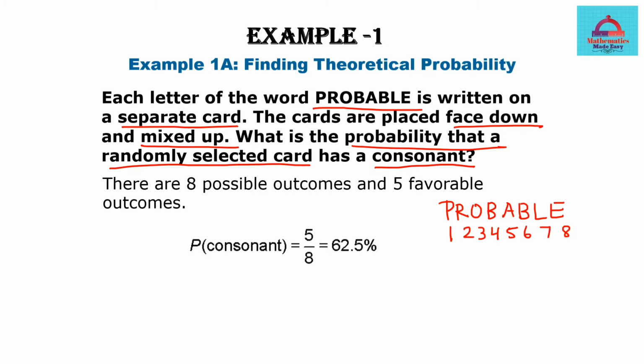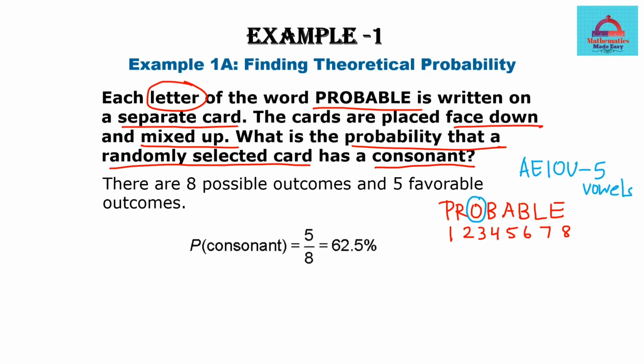So there are a total of 8 letters in this word, and if we remove the vowels, what is left is consonants. Let's see what the vowels are. I'm going to use a different color to highlight the vowels. A, E, I, O, U, these are the 5 vowels which are possible.